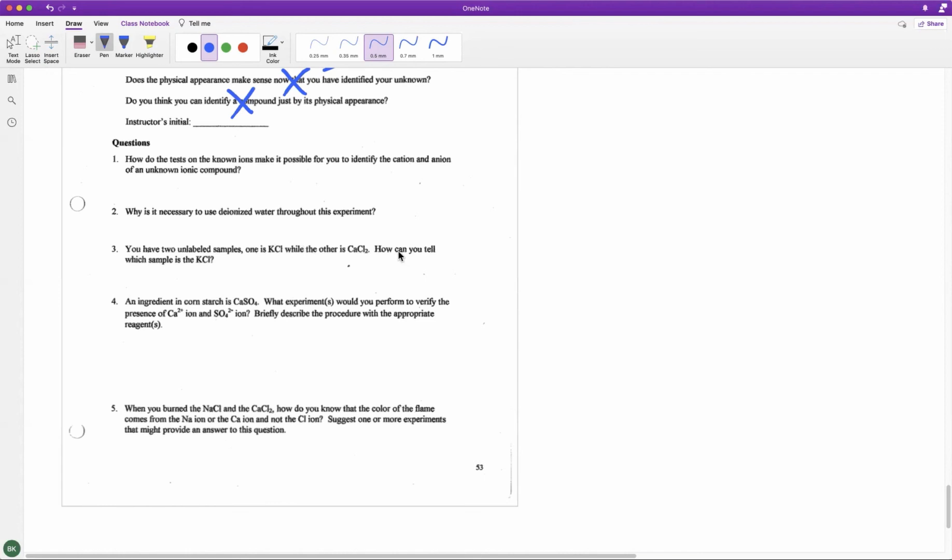So that should give you a hint. Now don't be thrown off by the fact that you've got Cl and this one's got Cl2. That just means that there are 2 chloride ions for every 1 calcium. So it still contains the same species, chloride, in both of these. Okay, so think about that when you answer that particular question.